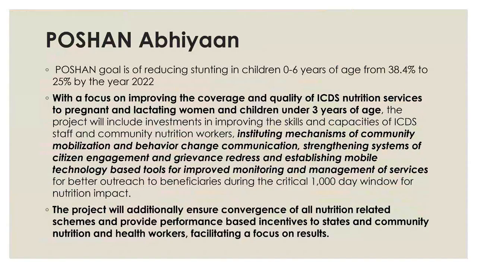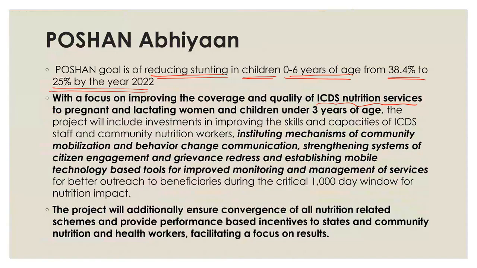So what is the basic aim here? The idea is to reduce stunting in children from 0 to 6 years of age, from 38.4 to 25%. How do we do that? The idea is to focus on the ICDS, that is the nutrition to pregnant and lactating women and children under 3 years of age.